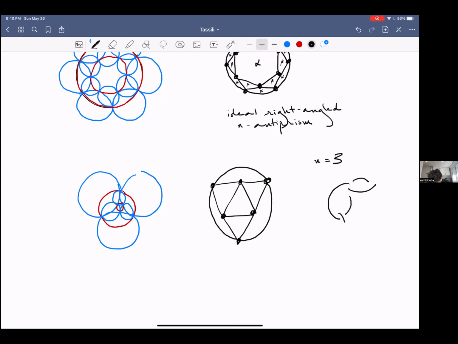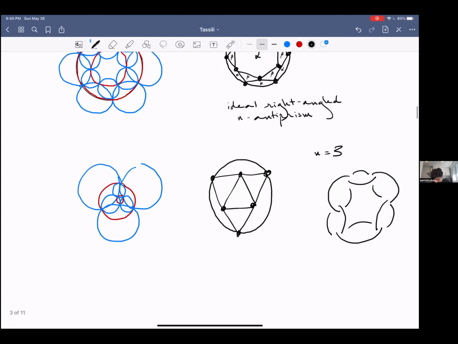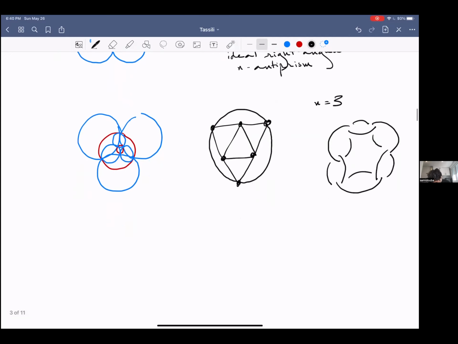It's a link complement. This is known as the minimally twisted 2n chain link complement.